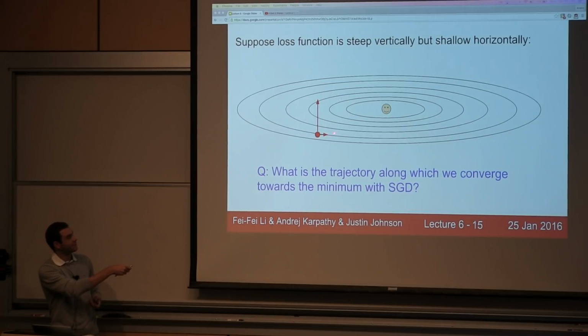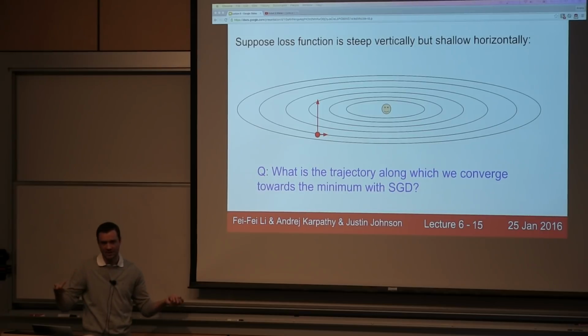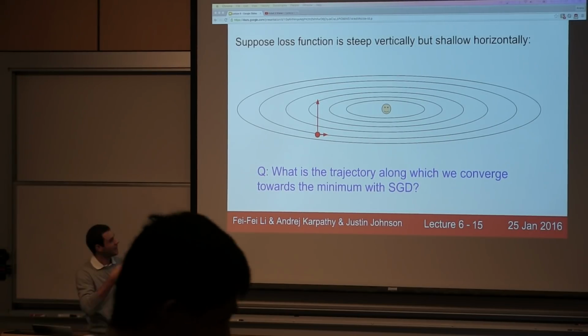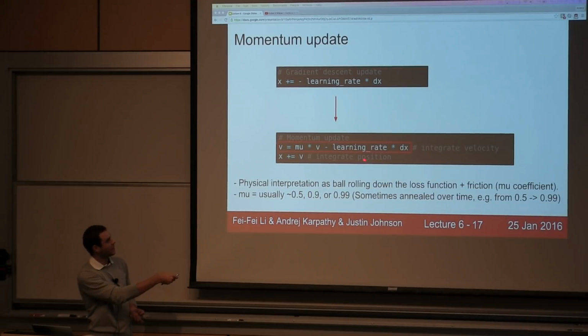Instead of directly integrating the position, this force, F equals ma in physics, is equivalent to acceleration. So acceleration is what we're computing, and the velocity gets integrated by the acceleration here.